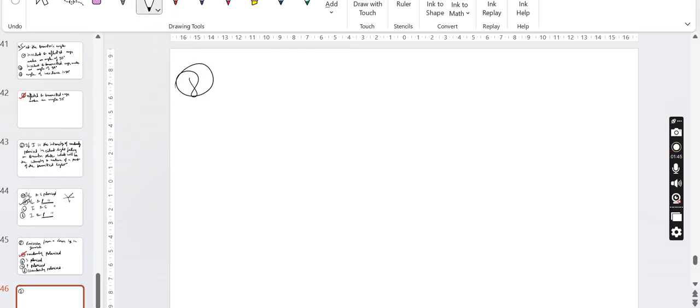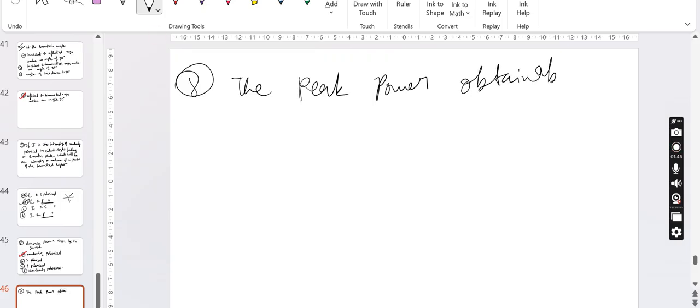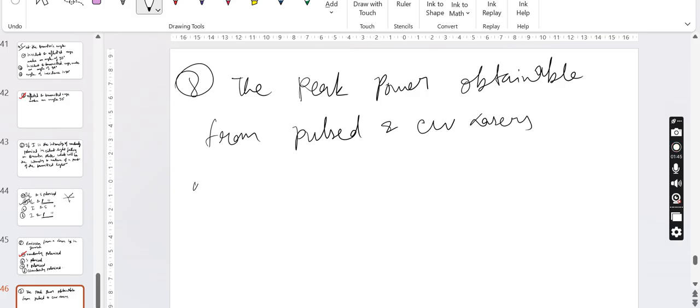Question number 8. The peak power obtainable from pulsed and CW lasers: A, is comparable.